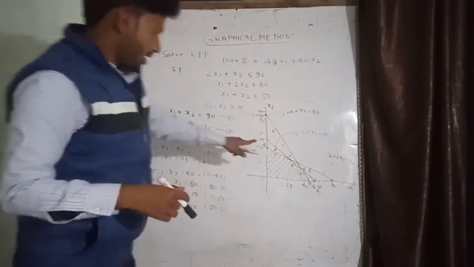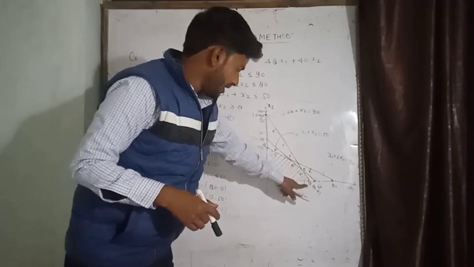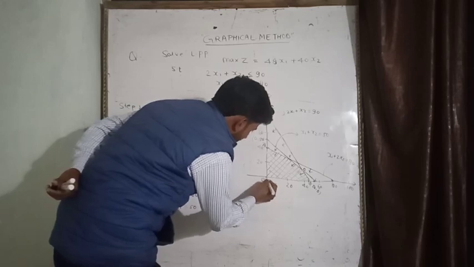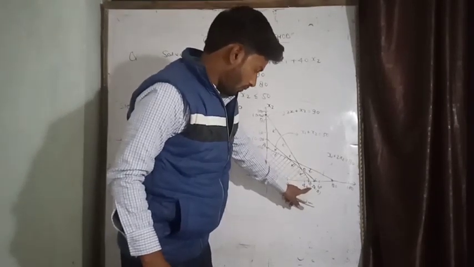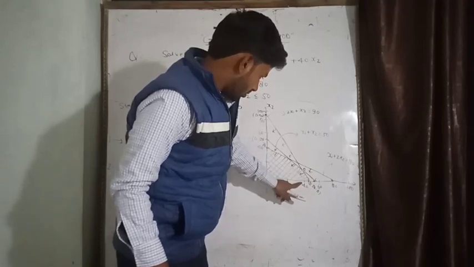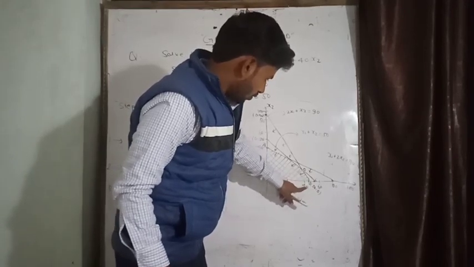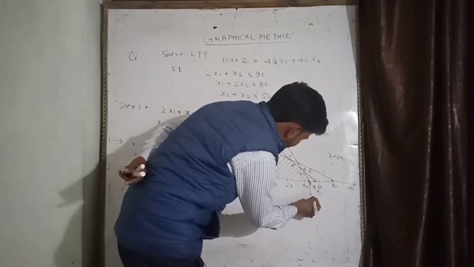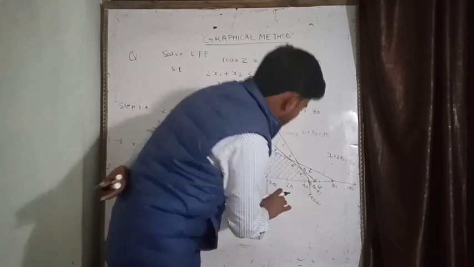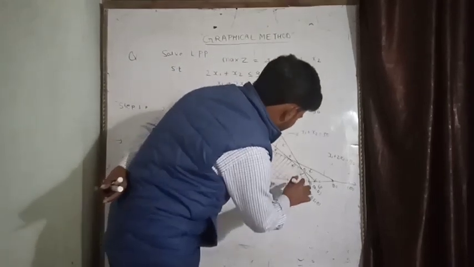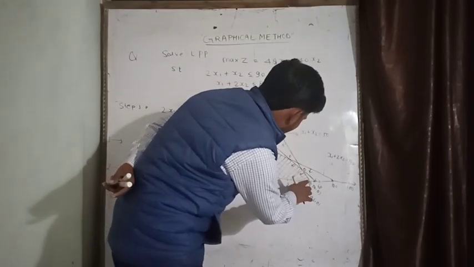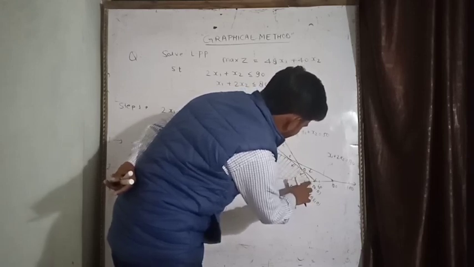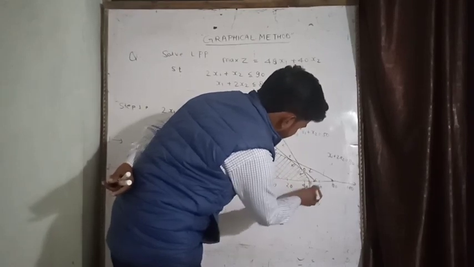Here the extreme points are A, E, D, B and O. Here O is 0, 0, and this is B, and B is 45, 0. This is C, and C is 50, 0.